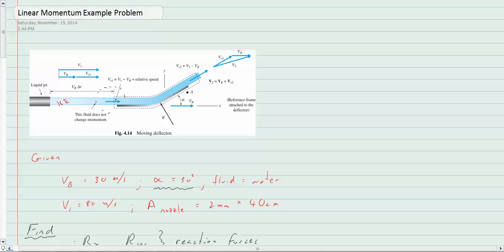So you might see it shown like this. There was a series of blades attached.